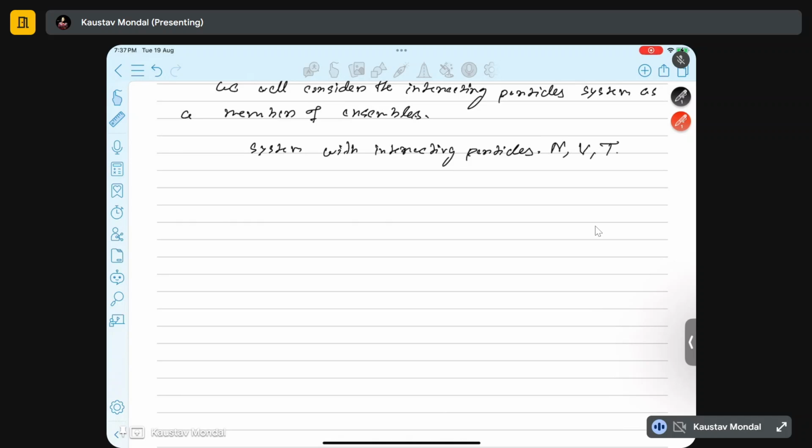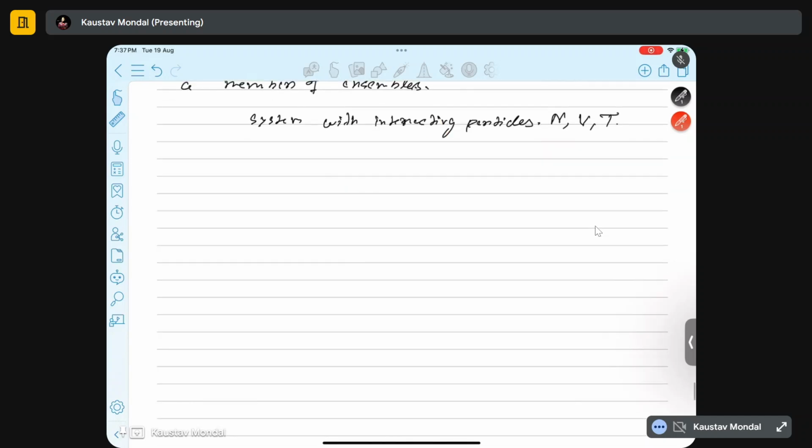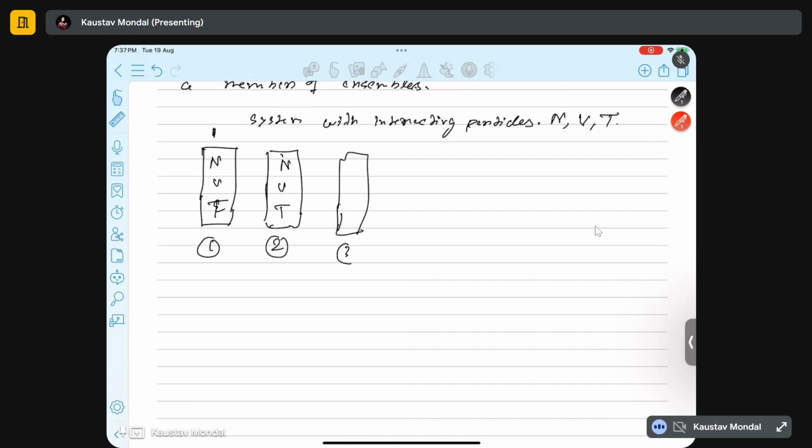The particles will change their energy, right? So each ensemble will consider that. Let's suppose we take some number of ensembles of that particular system. One ensemble, two ensemble, NVT, NVT, third ensemble, this is also NVT, and each of these ensembles has some different energy.